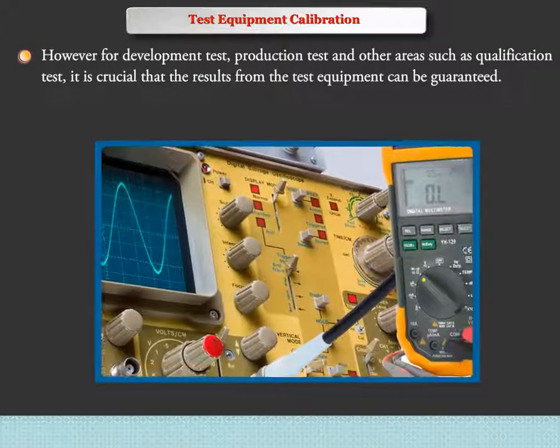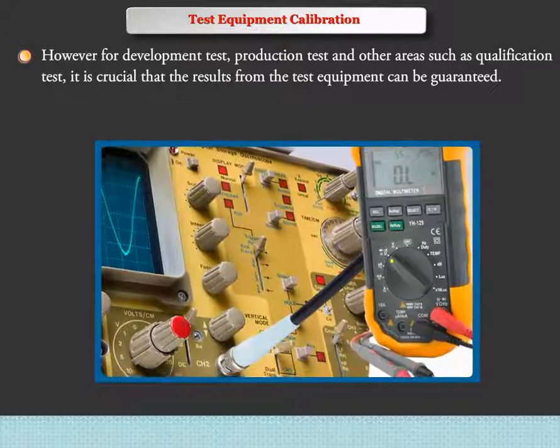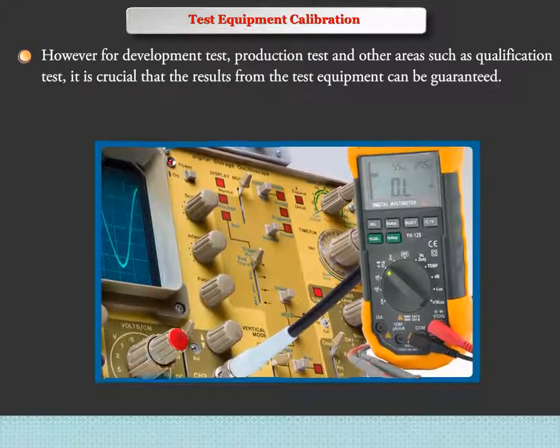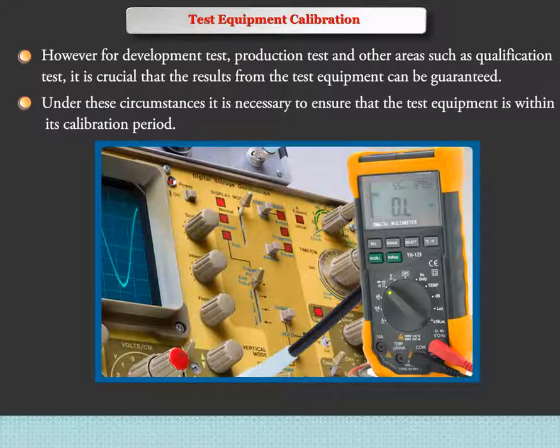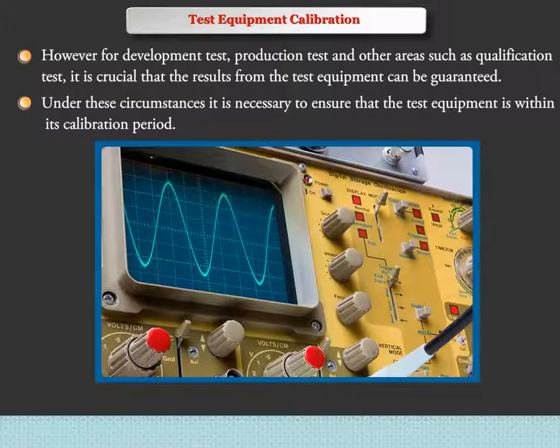However, for development test, production test, and other areas such as qualification test, it is crucial that the results from the test equipment can be guaranteed. Under these circumstances, it is necessary to ensure that the test equipment is within its calibration period.